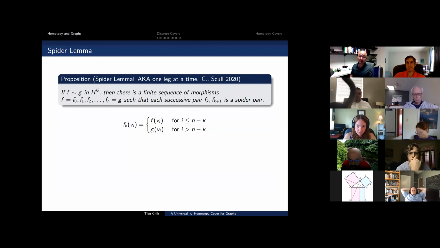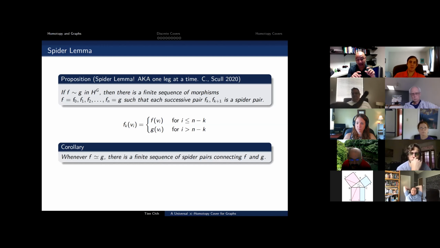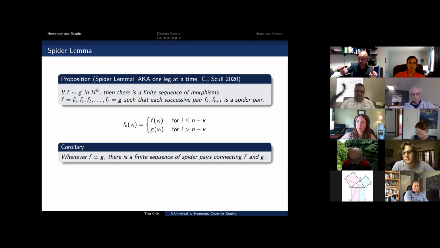And so one of our favorite results and the most useful from our previous paper that has been accepted by the Journal of Algebraic Combinatorics is this thing that we call the Spider Lemma, which is that basically given any pair of homotopic morphisms, there's a finite sequence of spider pairs moving from one to the other.